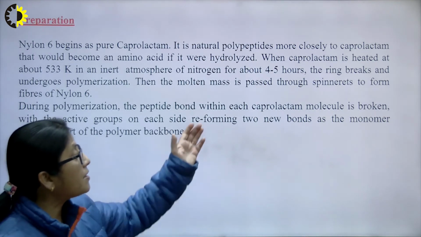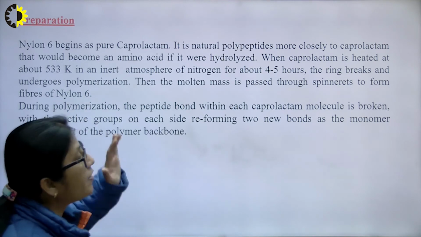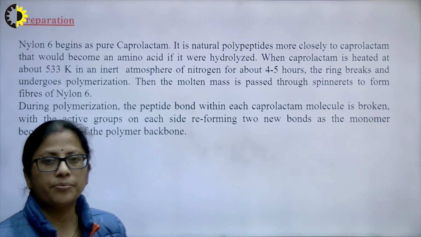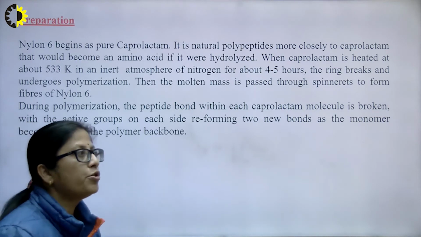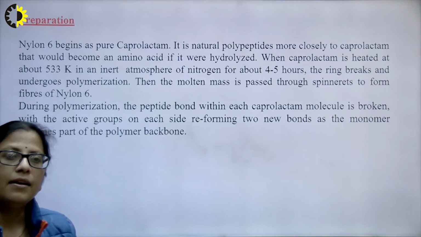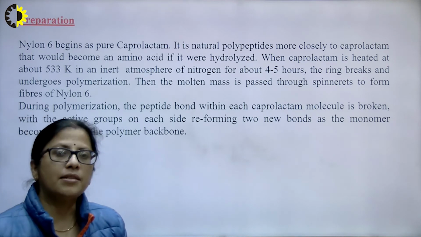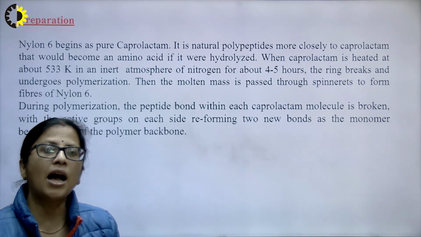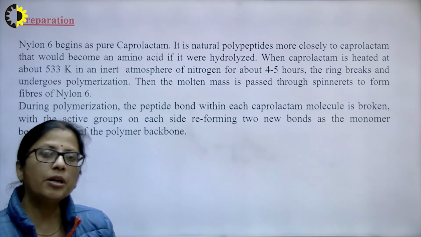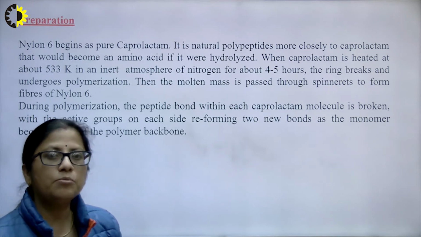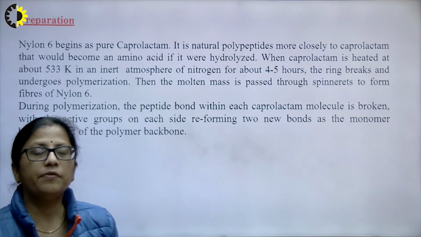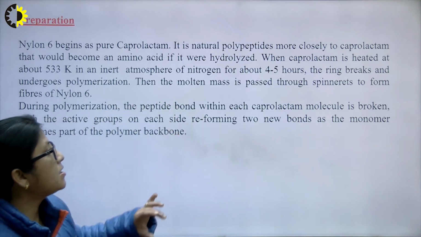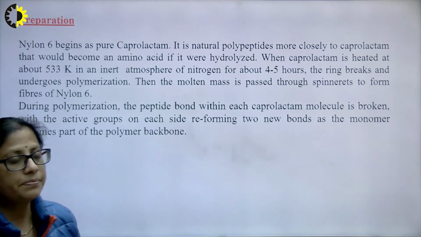When caprolactam is heated at about 533 Kelvin in an inert atmosphere of nitrogen for about 4 to 5 hours, the ring breaks down and it undergoes polymerization. That means we require high temperature and a longer period of time for the caprolactam to open the ring and form the product. Then the molten mass is passed through spinnerets.